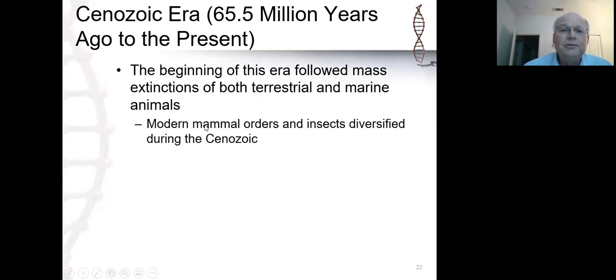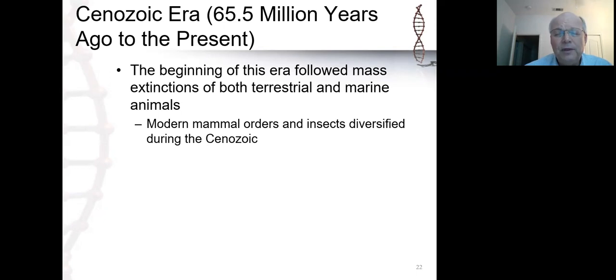Then with the death of the dinosaurs and about 70% of all other life forms, including a significant portion of the marine and freshwater life forms, we see the rise of the mammals. We see the rise of insects diversifying along with angiosperms.